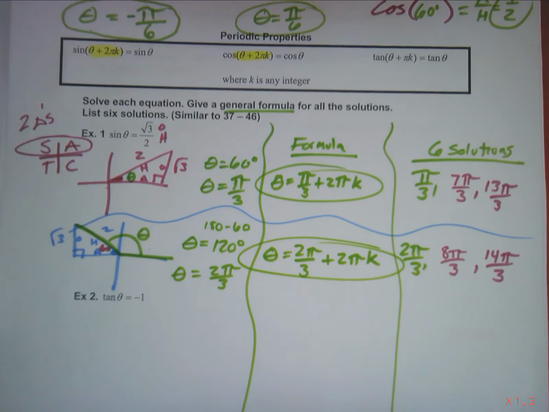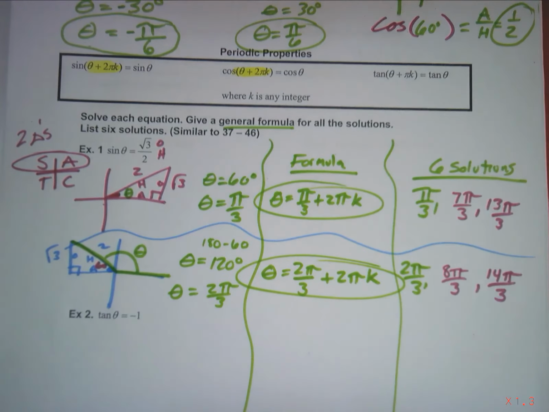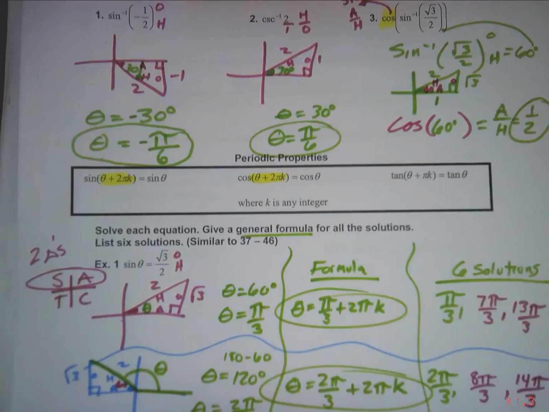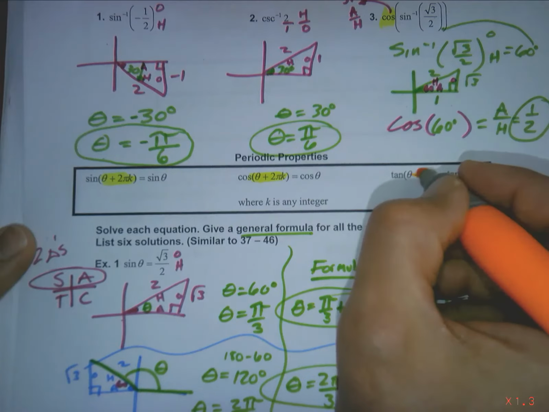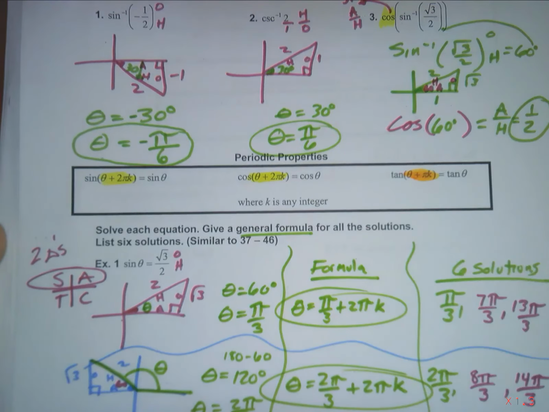All right, so we're switching gears now. We're going to look at tangent. When we look at tangent, I want you to look at the period of tangent. When we looked at that graph, we said it started repeating after a distance of pi. Okay, so that's even less of a revolution. That's only 180 degrees.